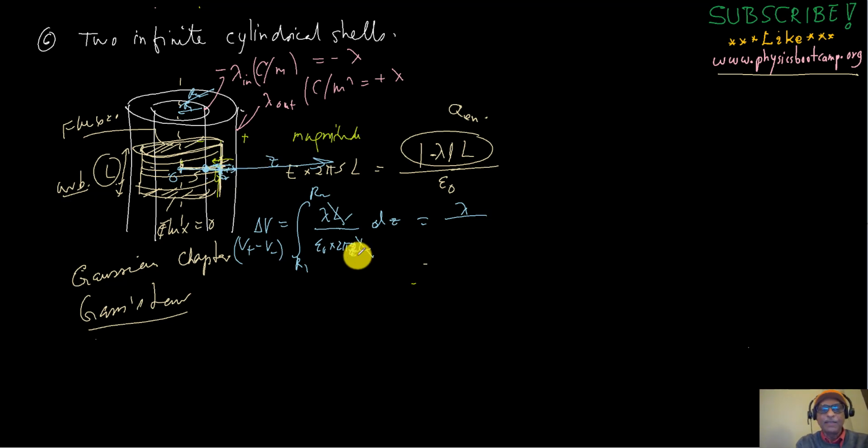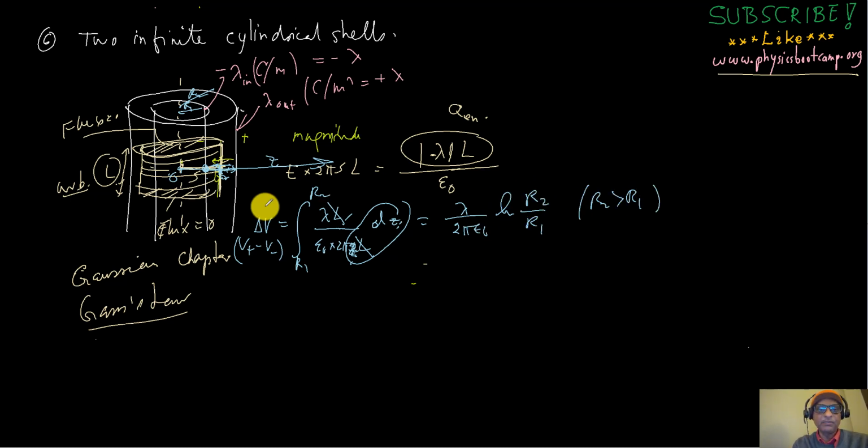So this gives me lambda over 2 pi epsilon naught log R2 over R1. Of course R2 is greater than R1, so this has to be positive, as it should be. Make sure your signs are the right way. Now I have delta V equals lambda over 2 pi epsilon naught log R2 by R1.